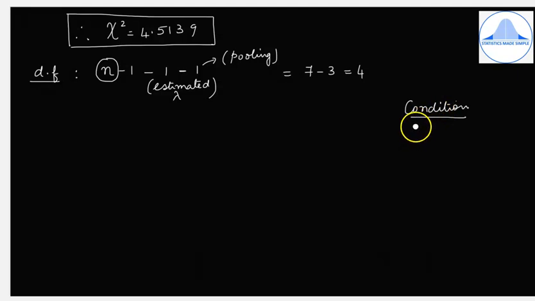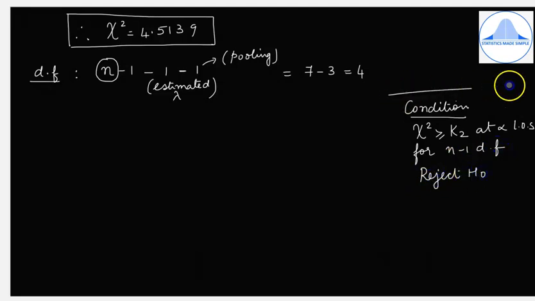So you have to check whether chi-square is greater than or equal to K2, at alpha level of significance for, in this case, n minus 1 degrees of freedom. If this condition is satisfied, then you reject H0, otherwise you accept H0.